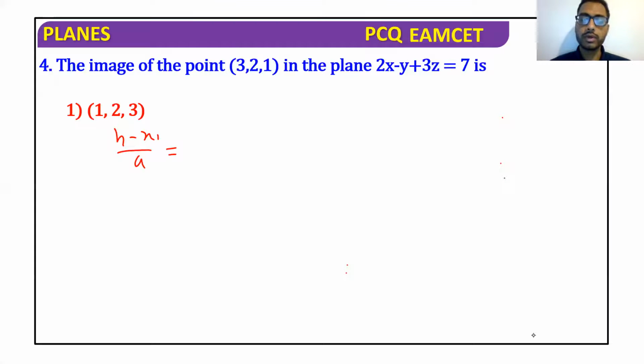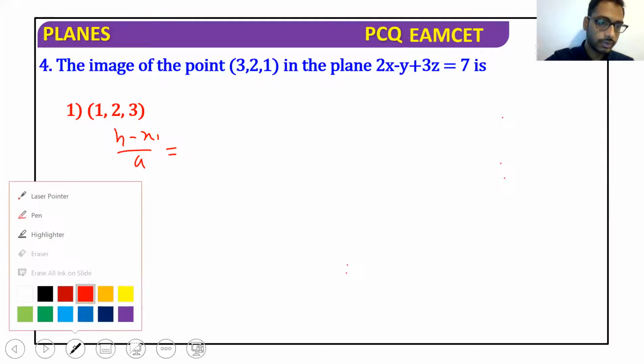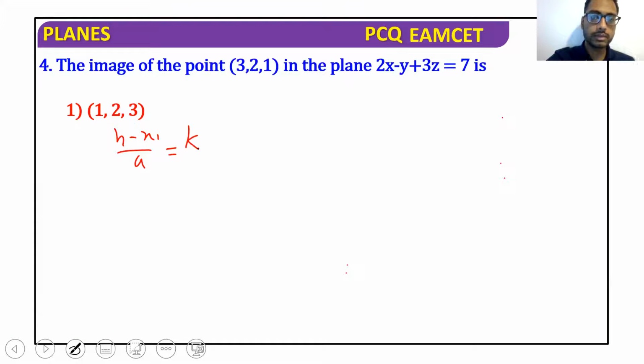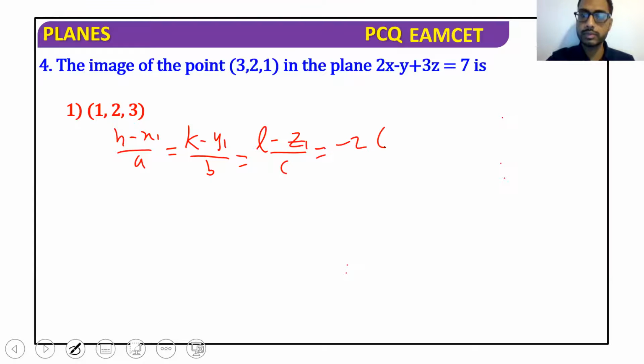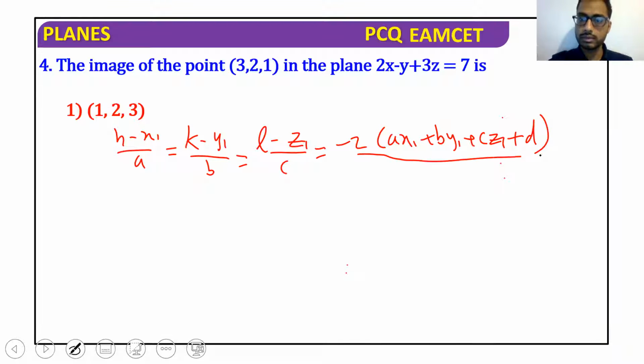So if you want to find the image of a point directly, we can use the formula h minus x1 by a is equal to k minus y1 by b is equal to l minus z1 by c is equal to minus 2 times ax1 plus by1 plus cz1 plus d upon under root of a square plus b square plus c square.